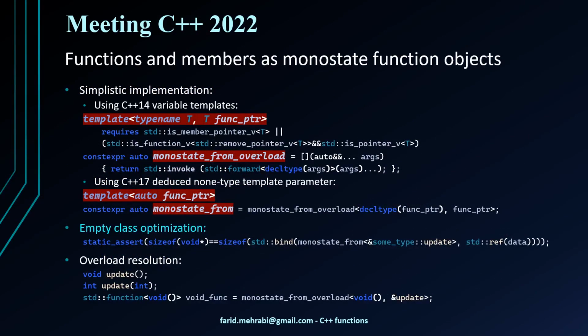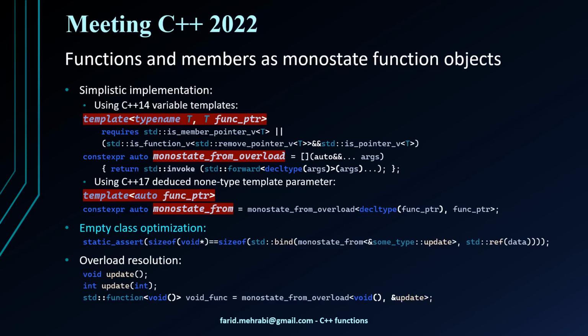Can we have a generic wrapper for the call to any function pointer or member function pointer? The answer is yes. We can use a template variable in C++14. I call that template variable Monostate from overload.